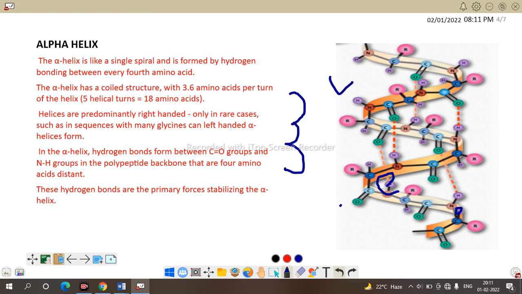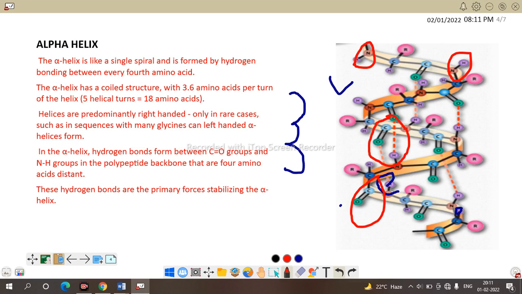In the alpha helix, hydrogen bonds form between the C double bond O group, here is a C double bond O group, and the N single bond H group, here is the NH group, here is another NH group.